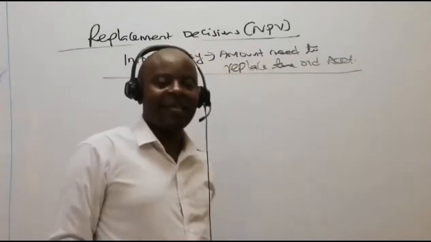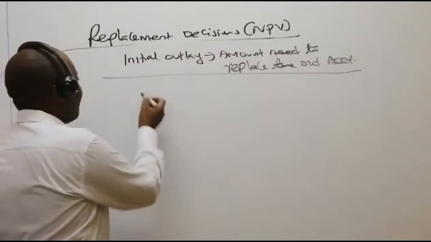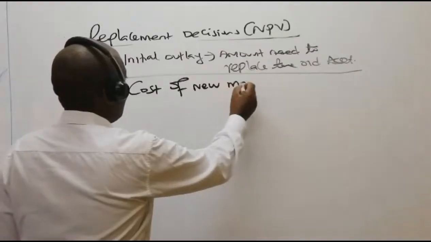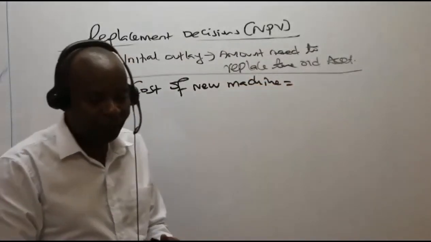This is very easy, because I look at the cost of the new machine. So we have here cost of new machine. So the cost of the new machine, ladies and gentlemen, what do we have here?